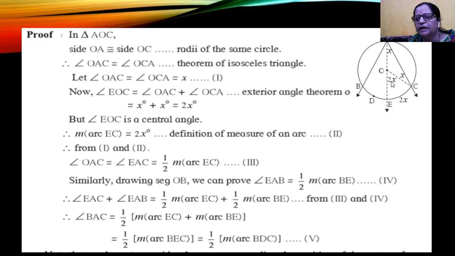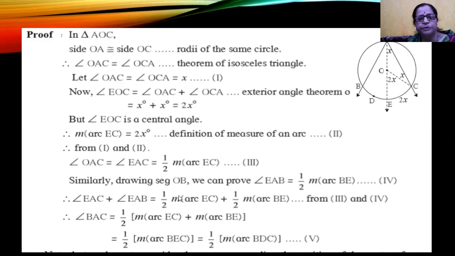This is the exterior angle, which is double of x. But angle EOC is a central angle of this circle. So major arc EC is equal to 2x, by the definition of the measure of an arc.